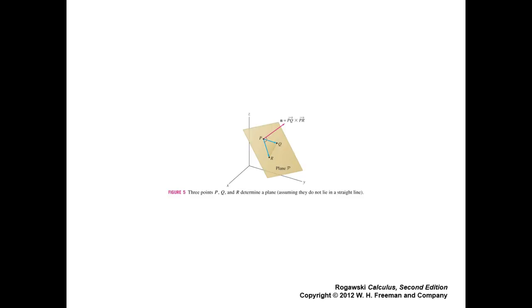Say, if this is the plane P, its intersection with the coordinate plane, there's 3 coordinate planes here in 3 dimensions. There's the XY plane, the YZ plane, and the XZ plane. Those are the coordinate planes. So the intersection of this plane with the XY coordinate plane would be some line that, if you extend this on down here, would be a line something like this. Okay? And that's where it would intersect that plane.